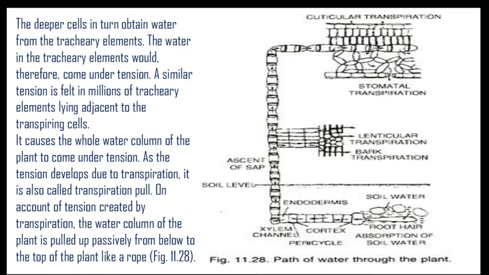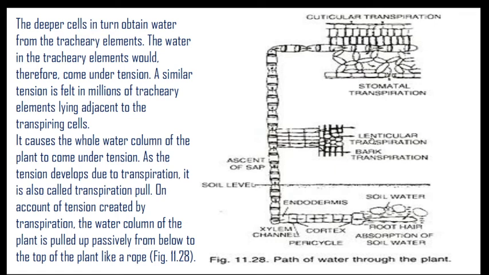So the neighboring diagram shows the endodermis, here is the soil water which is absorbed by the root hairs, that is absorption of soil water, and this is the xylem canal, these are the cortical tissues, and here is the pericycle. So what happens within this, these are the soil levels, and here is the creation of a pull which is the ascent of sap.